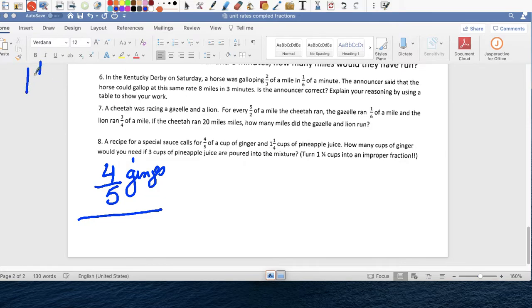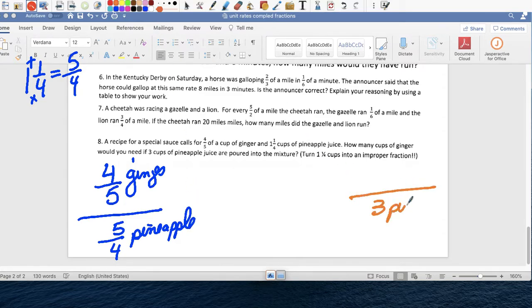But 1 1/4 I'm going to change. 4 times 1 is 4 plus 1. I'm going to change it to 5/4 pineapple. The question is, when there are 3 cups of pineapple, how many cups of ginger? Right? So that's what we're trying to answer.